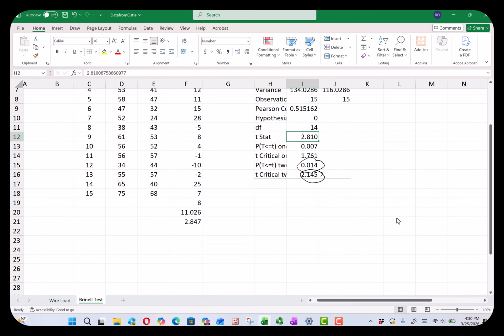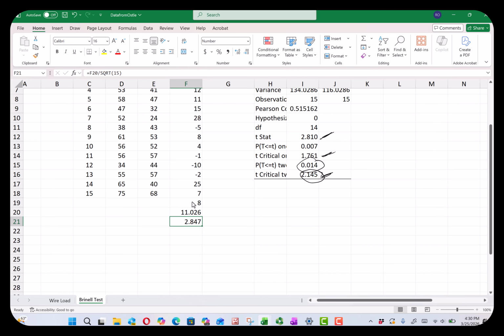So all of the same things would apply if we're using a two-tailed test. The critical values would be 2.145. One-tailed test, the critical value is 1.761. And in either case, the mean difference t statistic is 2.81. So it's still inside a critical region, either one-tailed or two-tailed.